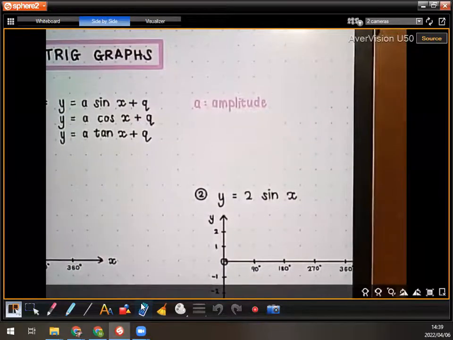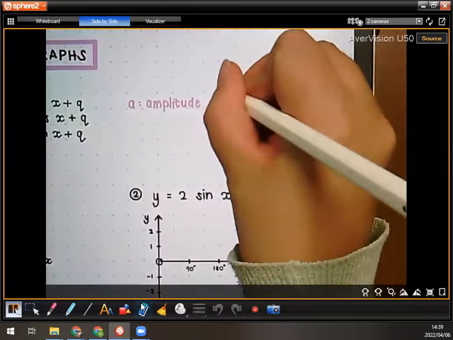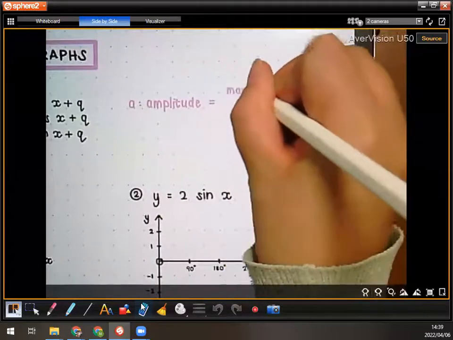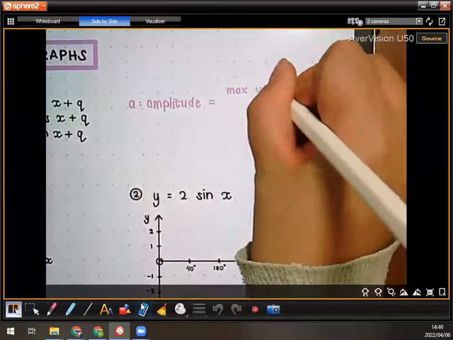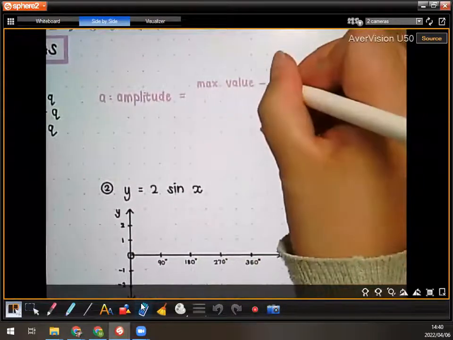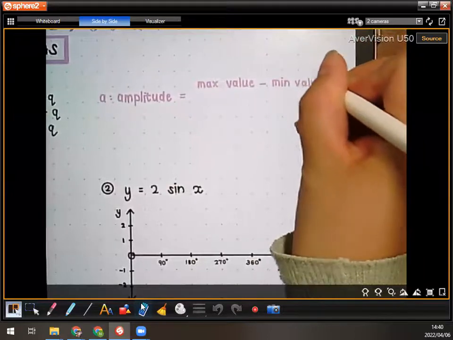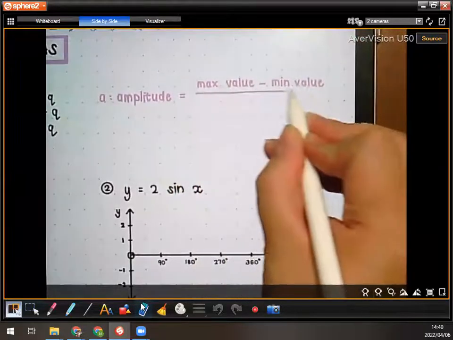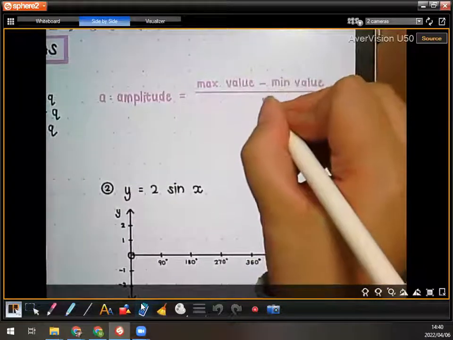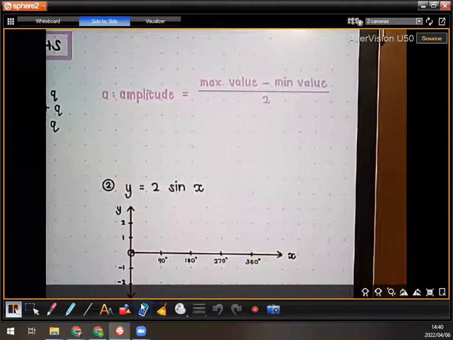So the amplitude, a way of calculating it, is if you take your maximum value minus your minimum value and you then divide that by 2. It sounds quite complicated, but it's not actually that complicated when you're looking at the graph. So we'll talk about that now.